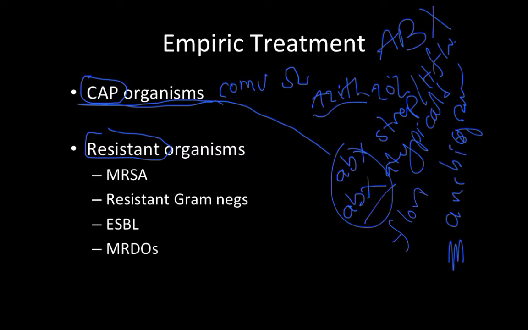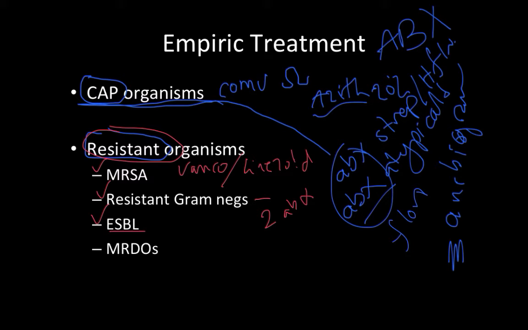As far as suspecting that the person has a resistant organism, including MRSA, gram negatives, and extended beta-lactam resistant organisms, you will have to change your approach to cover MRSA with Vanco or linezolid, and you're going to have to cover the gram negatives with 2 antibiotics that can treat Pseudomonas.